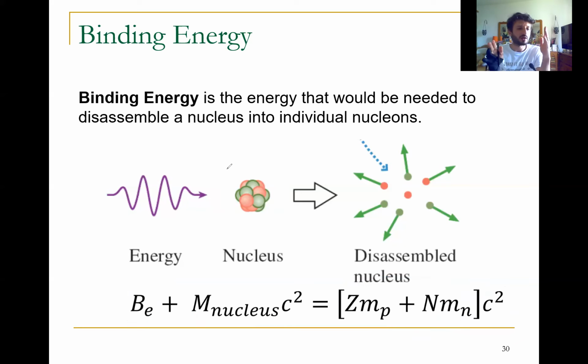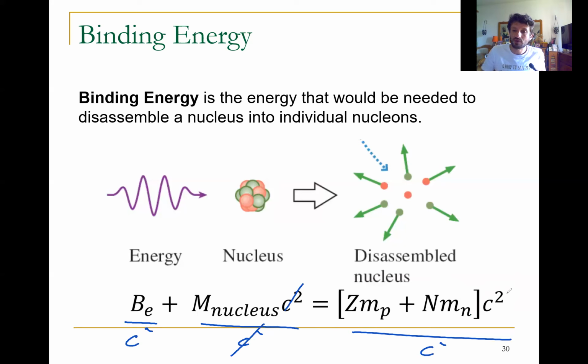So in general, we have the total energy before the reaction equals the total energy after the reaction. If we divide the whole equation by c square, we can eliminate c square here, and here also.